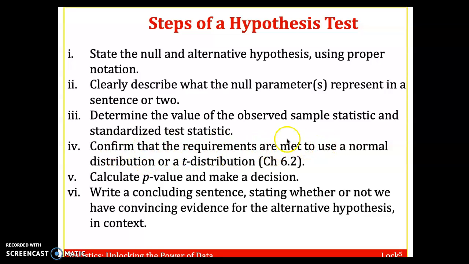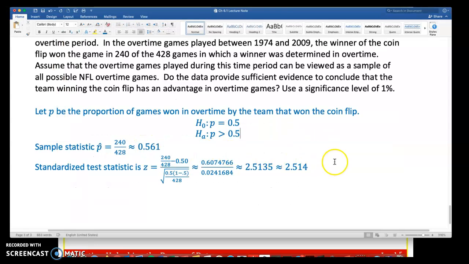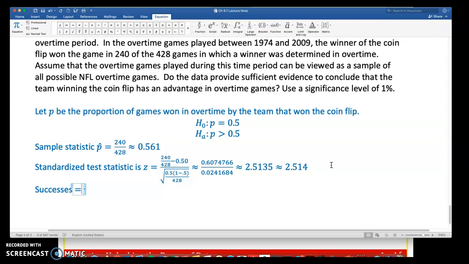I want to confirm the requirements are met to use a normal distribution. So successes is np, which in this case we have 428 times 0.5. That'll be 214.